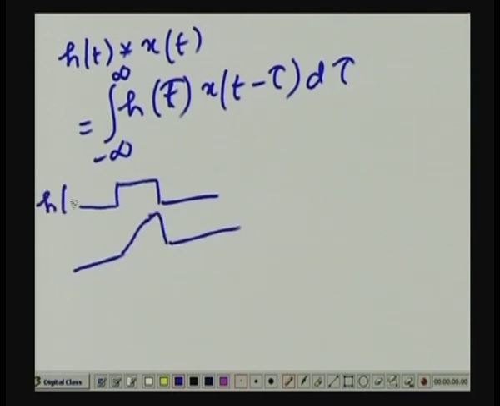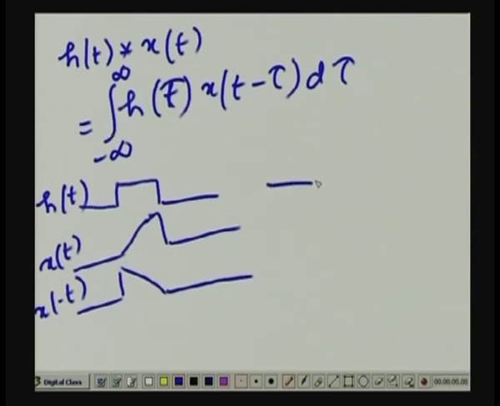This is the h t and this is x t. Then what we have to do is, for convolution purpose, we are taking h of tau and x of minus tau. So, if I take x of minus t, this function will be like this. So, this is x of minus t, and for this integration we have to take h of tau for a value of tau and x of minus tau, that has to be translated by this value t, and then the corresponding values of h and x have to be multiplied, and then you have to take the integration from minus infinity to infinity.